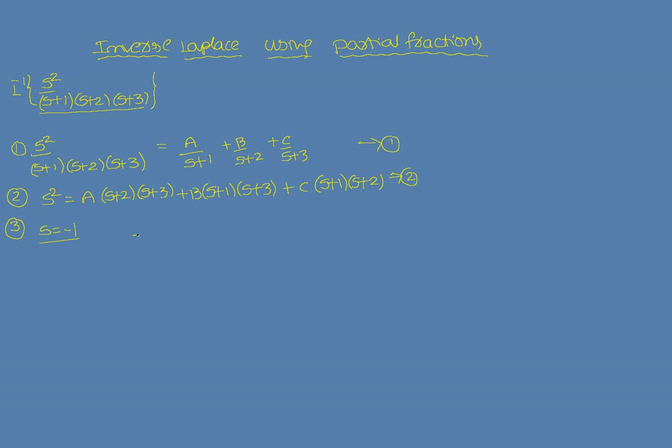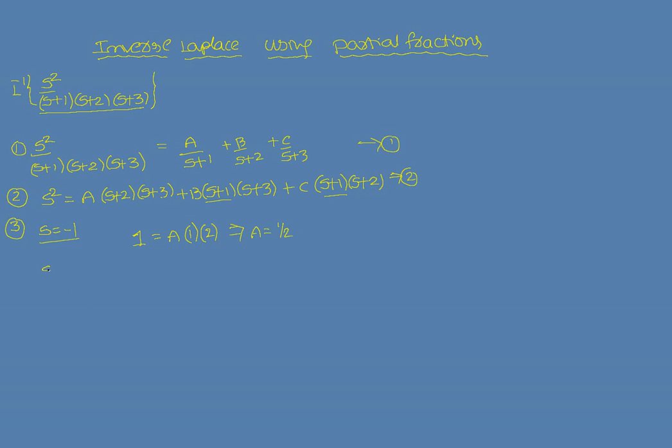Left hand side, minus 1 whole square means plus 1, is equal to, this term will vanish because of s plus 1, this term will vanish. Therefore a into minus 1 plus 2, which is 1, minus 1 plus 3 is plus 2. That implies a is equal to 1 by 2.